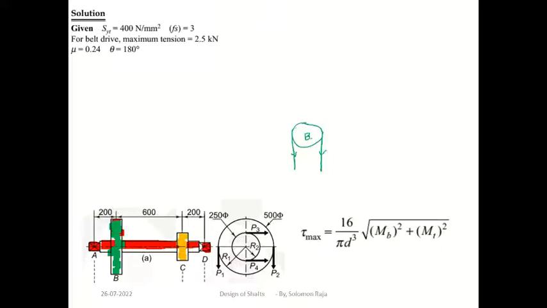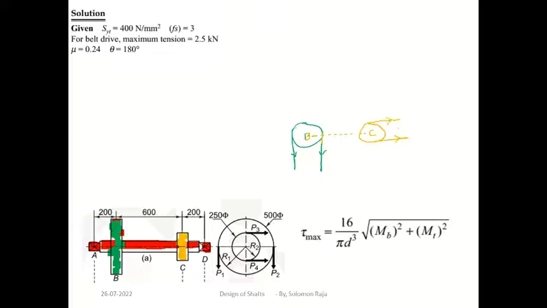This pulley B is giving the power to the shaft. In the same shaft, pulley C is attached. But in pulley C, the belt is connected in the horizontal direction, like this.